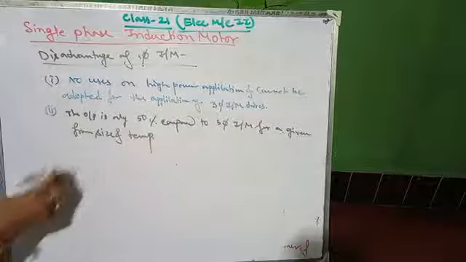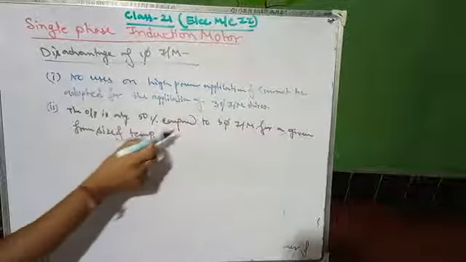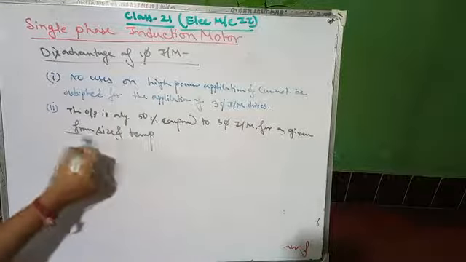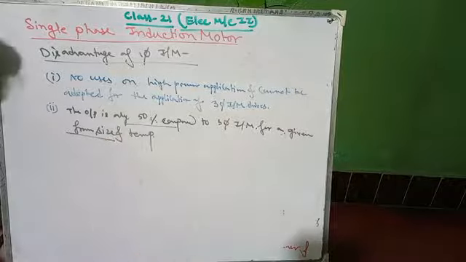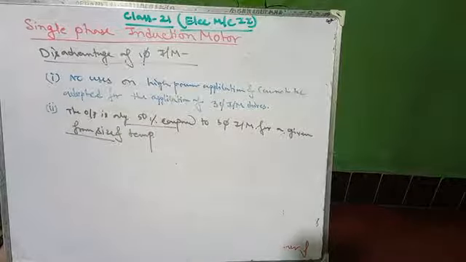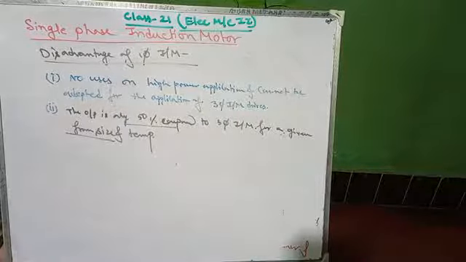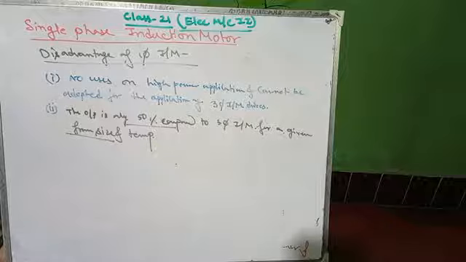So for a given running temperature and frame size, the output is only 50% compared to that of the three-phase induction motor, which is the most disadvantageous part of this motor.